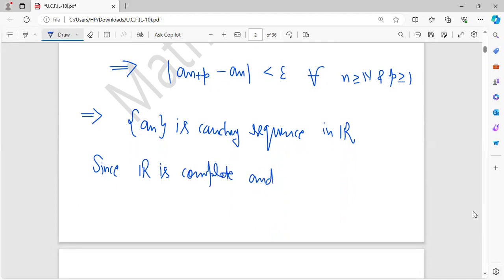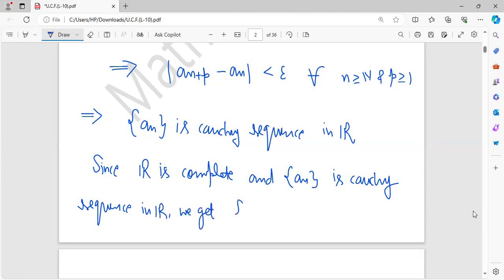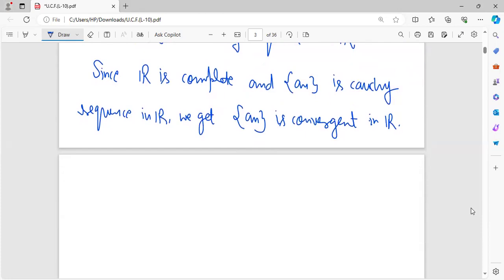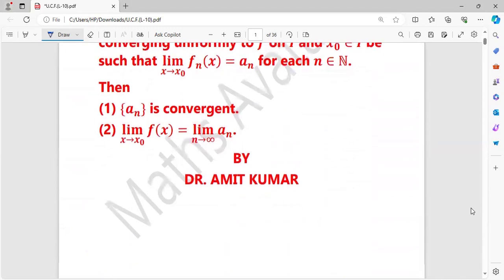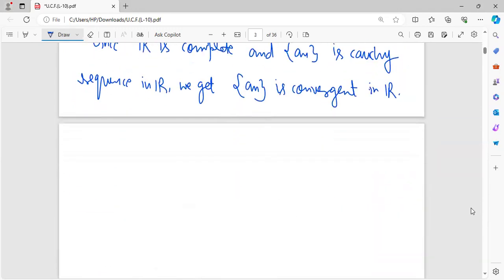And a_n is a Cauchy sequence in R, so we get a_n is convergent in R. Now we are going to prove the second statement, that the limit is equal to this. So one is done.